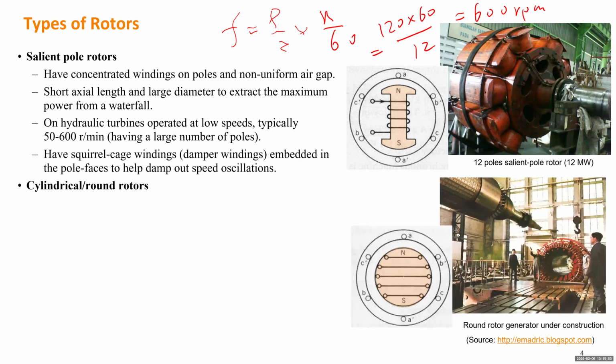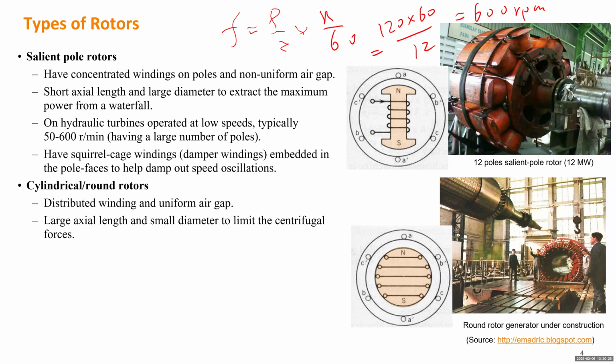The second type is a round rotor or cylindrical rotor generator. You can tell the rotor has a much longer axial length but a smaller diameter. If it's fed into the stator, you cannot clearly tell which direction is N and which is S. It's not very clear where those poles are. They may have just 2 poles or 4 poles, depending on how the magnetic flux goes through the rotor.